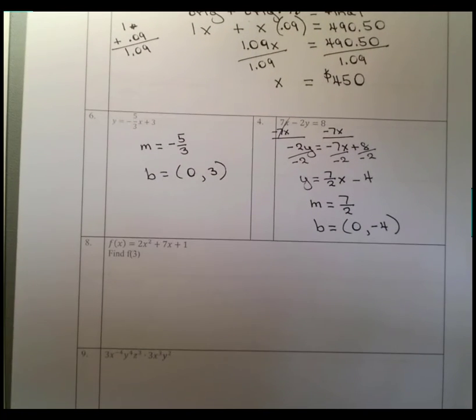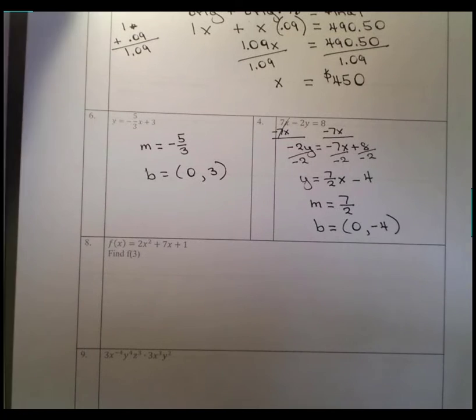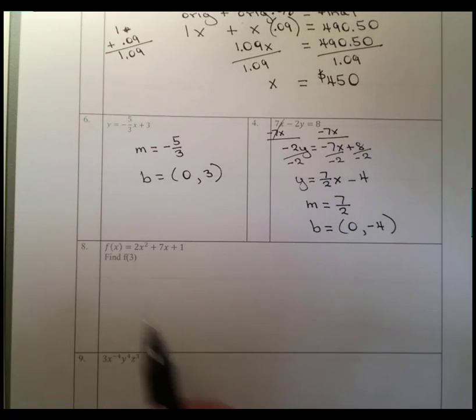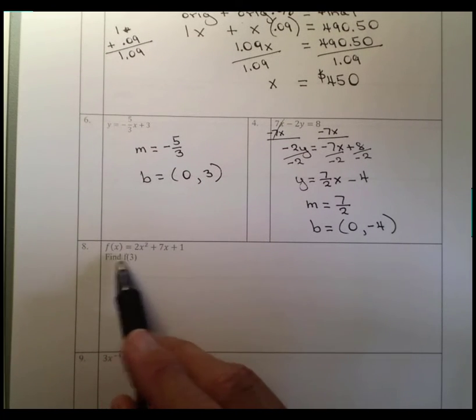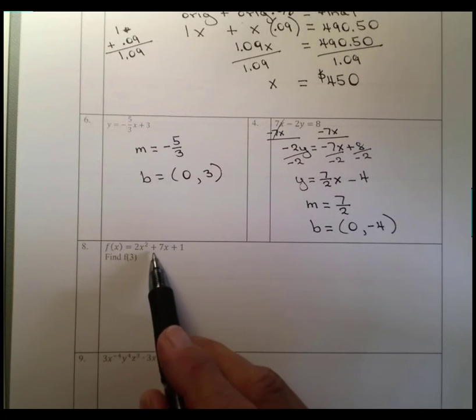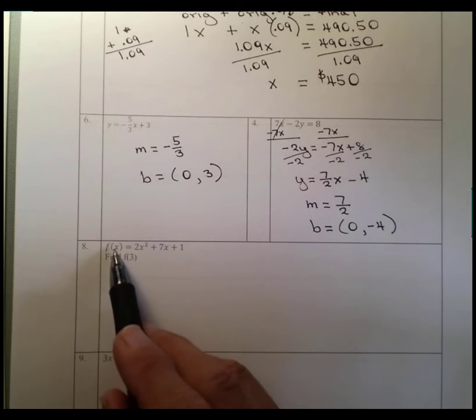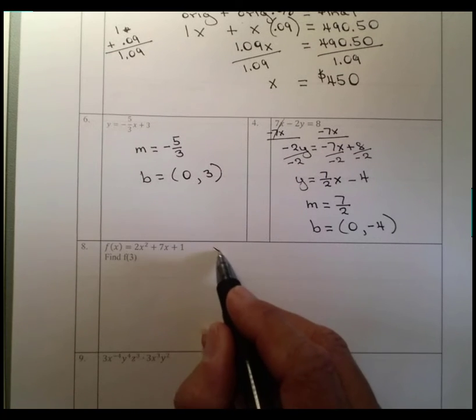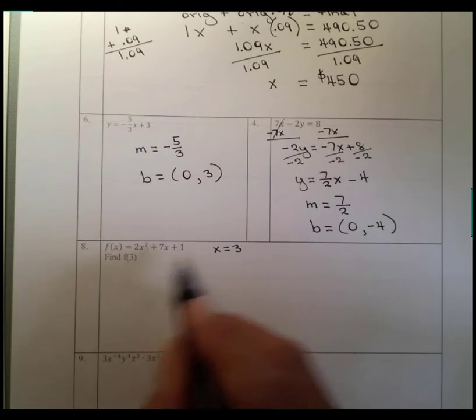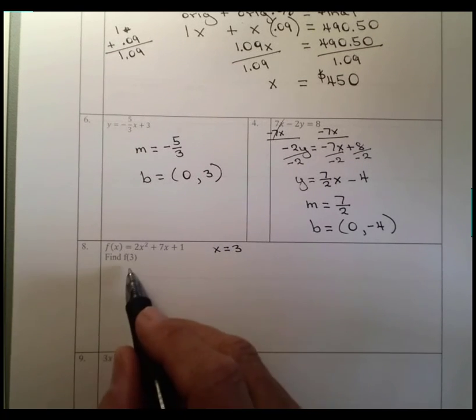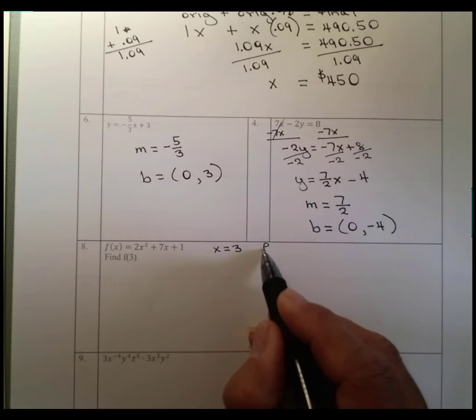Now let's take a look at an equation that is actually given to us as a function, and it's given to us as f of x. f of x is equal to 2x squared plus 7x plus 1, and they've asked us to find f of 3. So what they've told us is that x is actually equal to 3, right? That's what this tells us. And what they want us to do is to find y.